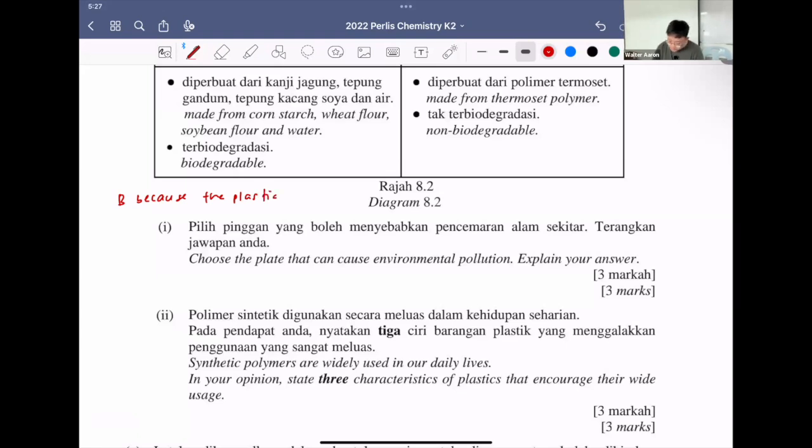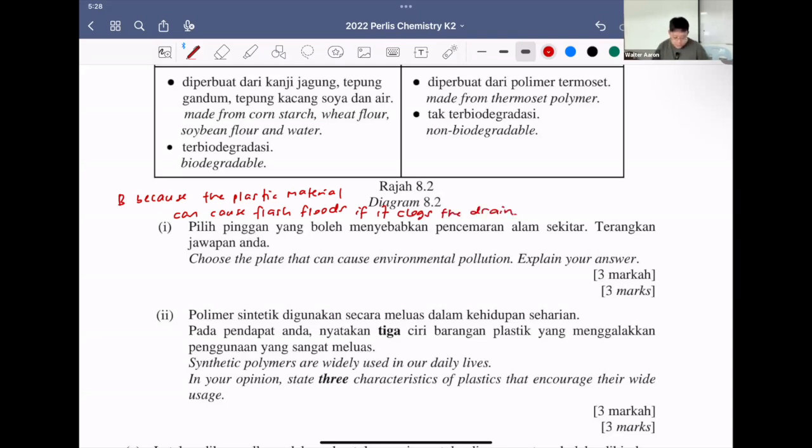can cause flash floods if it clogs the drain.